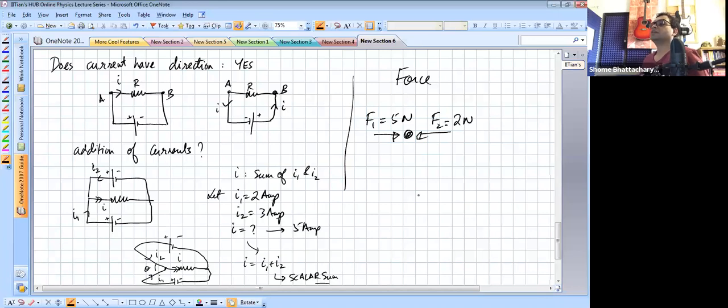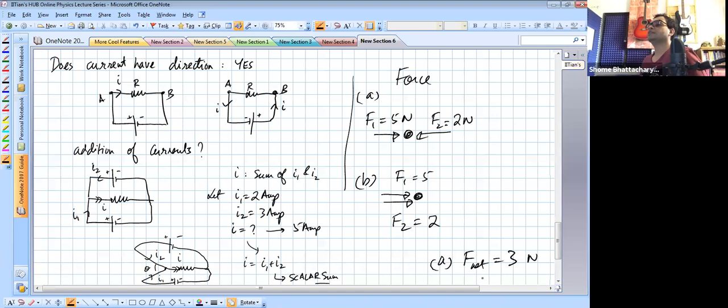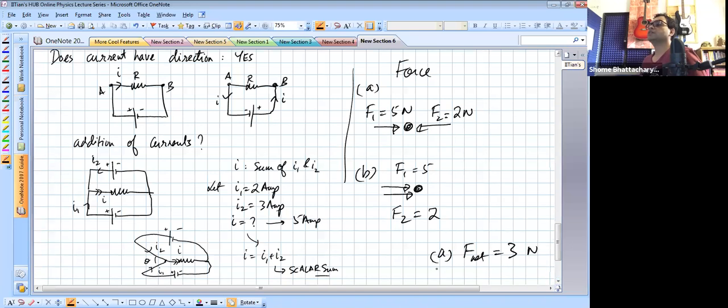In another case we are applying F1 and F2 in the same direction on the body. In case A, the net force will actually be 3 newtons, because they are acting from opposite directions, so they'll tend to cancel each other. Whereas in case B, the net force will in fact be 7 newtons.